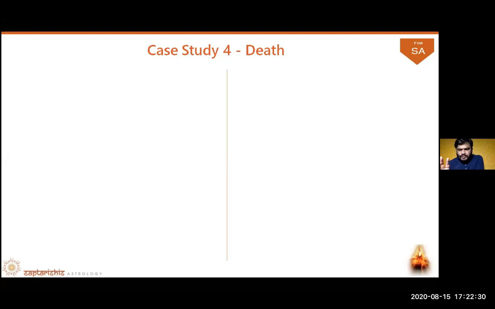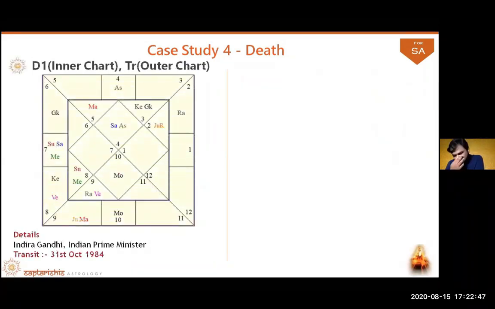The principles for judging longevity you can find in the classics and many books. First read them, apply them in your chart, and then you can test rule number 3. For this, I'm taking the famous horoscope of Indira Gandhi, Indian Prime Minister. The death of Indira Gandhi happened on 31st October 1984.